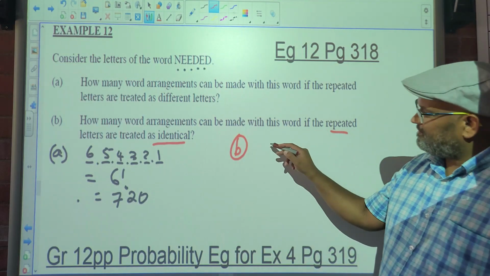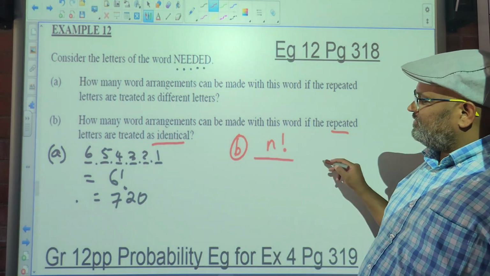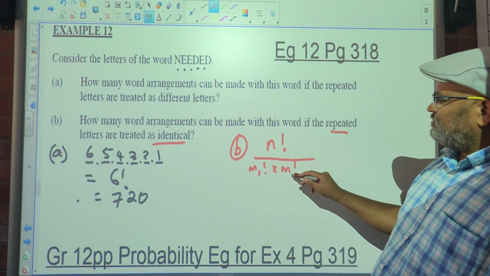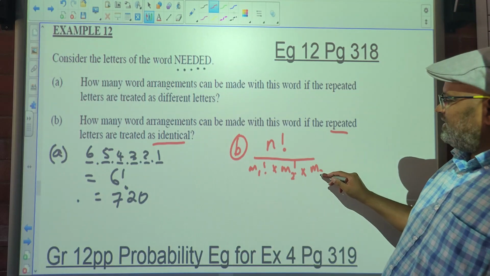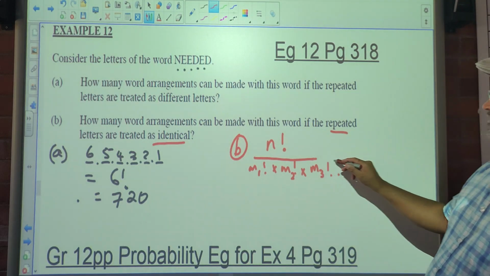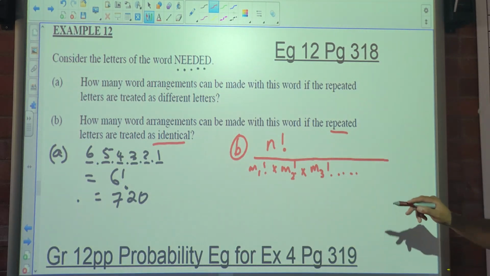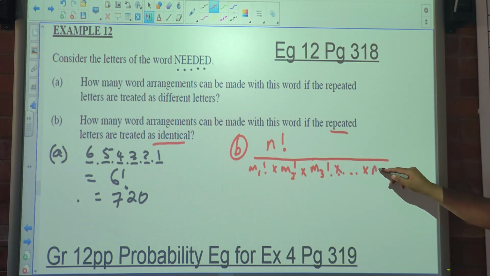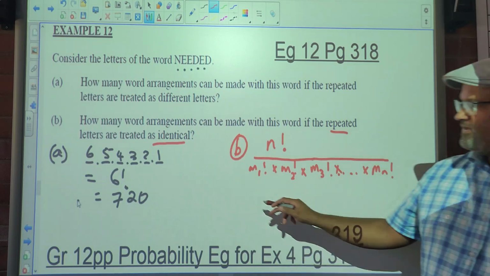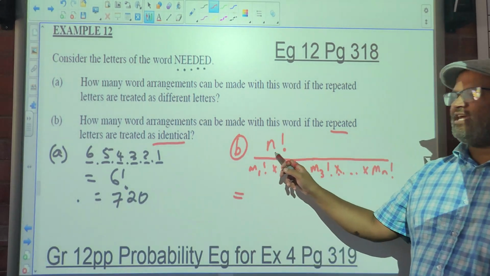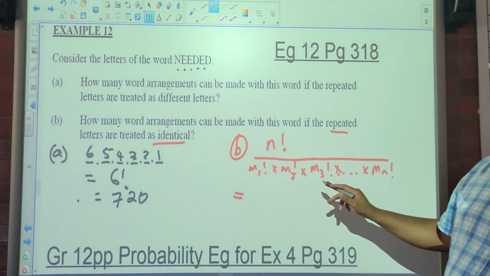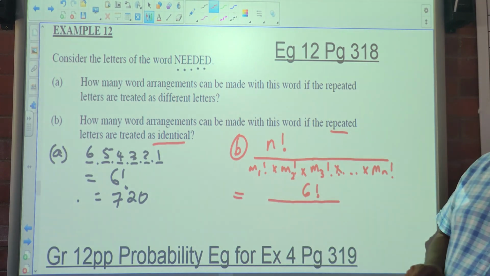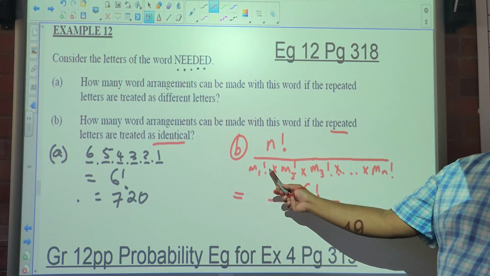So what's the formula? n factorial over m1 factorial times m2 factorial times m3 factorial, all the way to mn factorial. So what is n? The number of letters, which is 6 factorial over. m is now the repeated letters, not so?